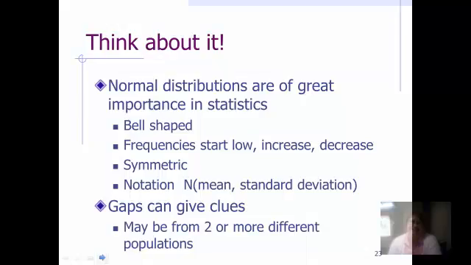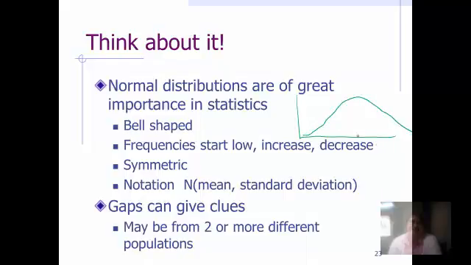Okay, now again, like I told you before, normal distributions are of extreme importance in statistics. They're bell-shaped, they start low. So let's think of our graph here. They start low, the number increases, and then it decreases.